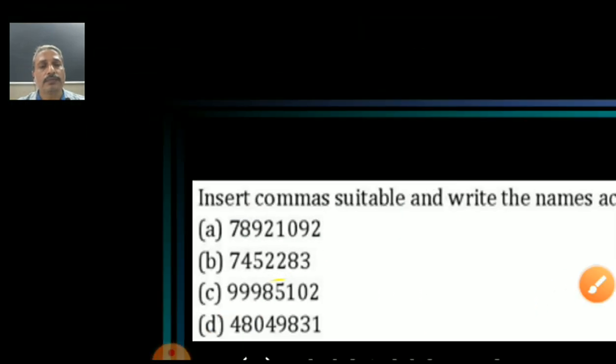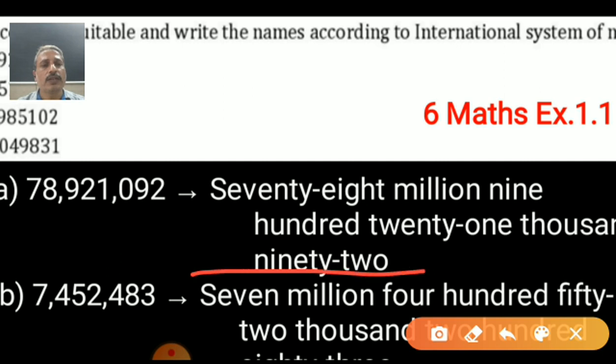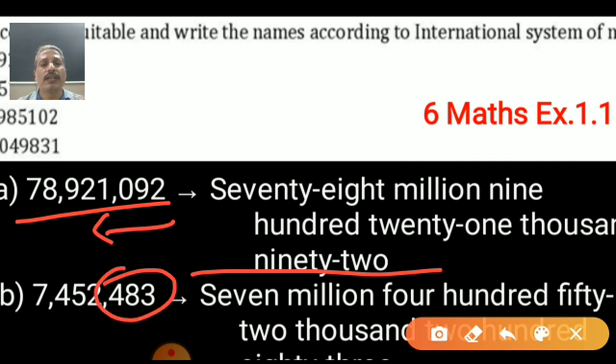Check the answer. 78,921,092 only. Can you see the answer, student, here? And see here the commas. 3 number comma. Start from right side. See, 3 numbers are here.